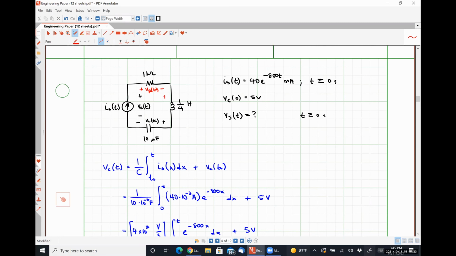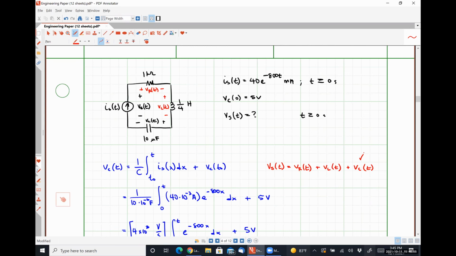And I call this voltage drop right here VL of t. Kirchhoff's voltage law tells us that Vs of t is simply VR of t plus VL of t plus VC of t.